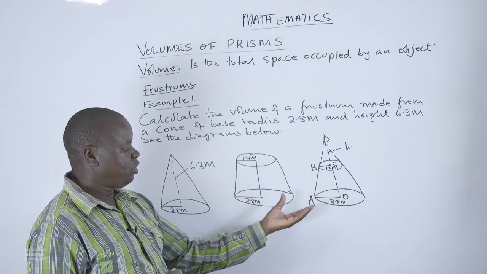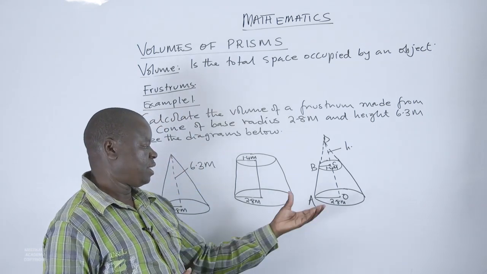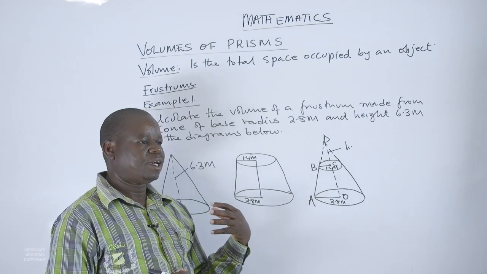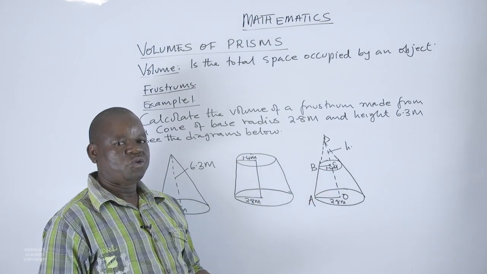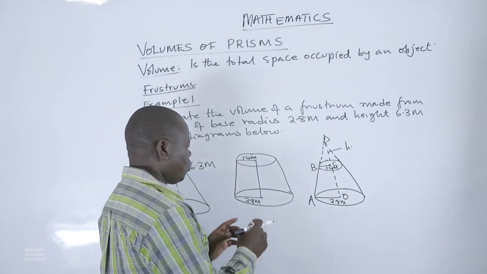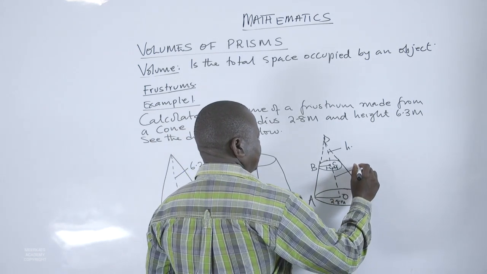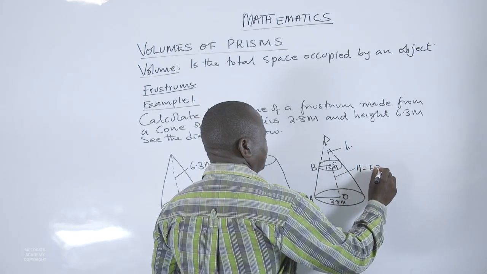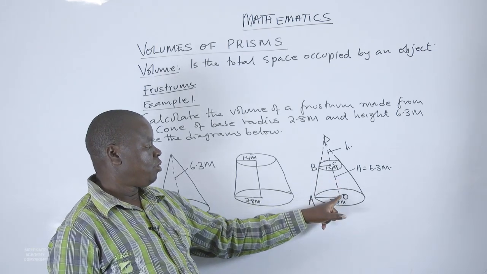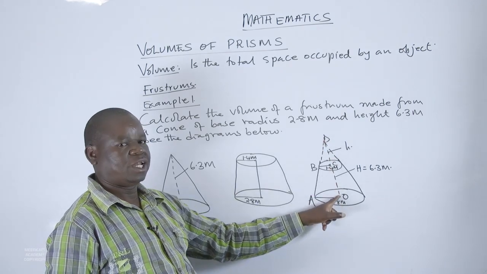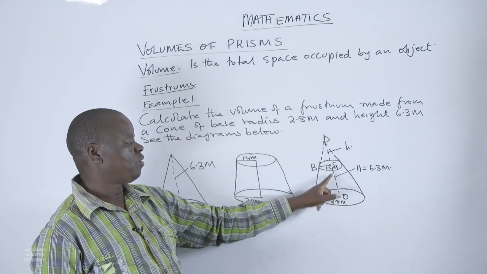From unit 8 we did linear scale factor, which is just a linear relationship between two dimensions. Because this is radius and that is radius, we can calculate the linear scale factor in correspondence to this height, because capital H is equal to 6.3 meters. H and h are also correlated. So using linear scale factor, we can find this small h because we know capital H.